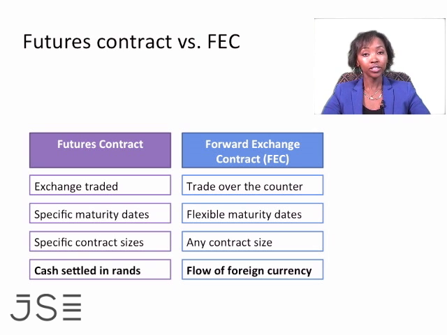And then the one big difference is that with FECs, there's a flow of foreign currency at the settlement date, whereas with futures contracts, everything is settled in rands. We're going to look at a brief example of how that is done, but it's a net cash settlement in rands. So at maturity, you won't get any foreign currency into your account, you will get rands.